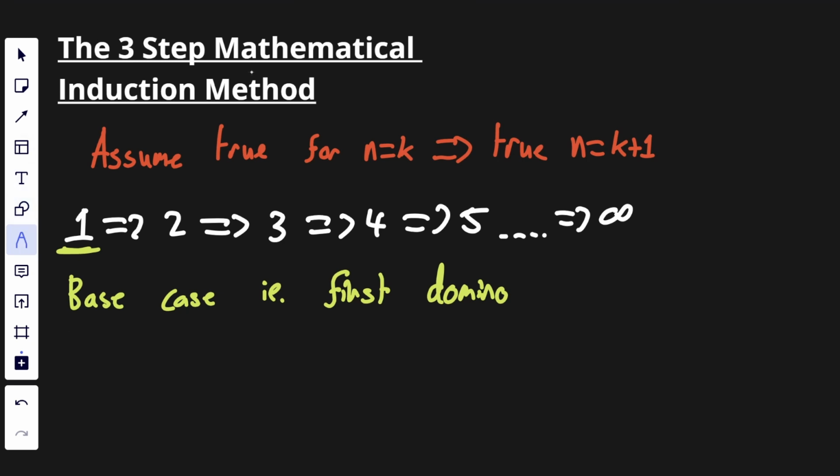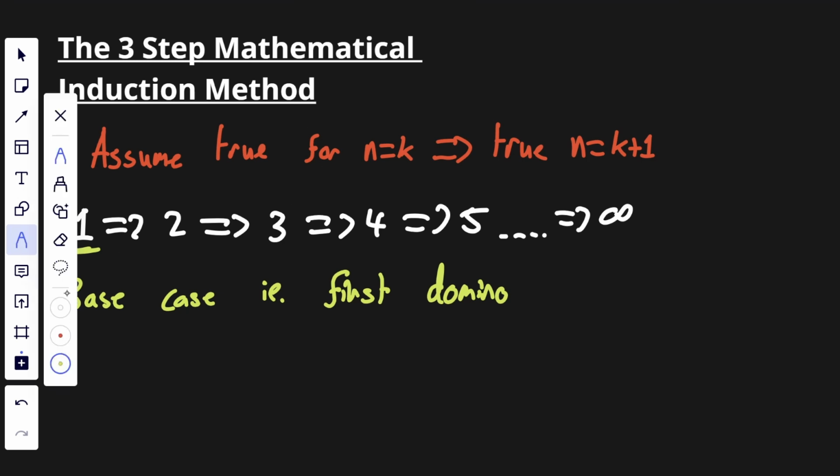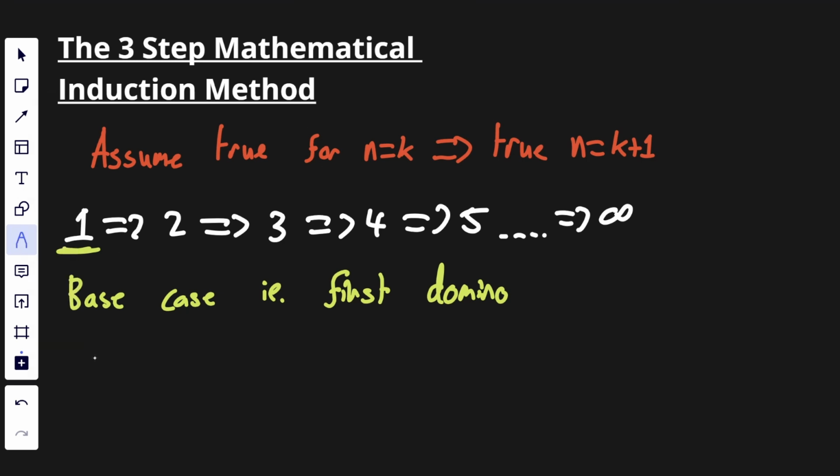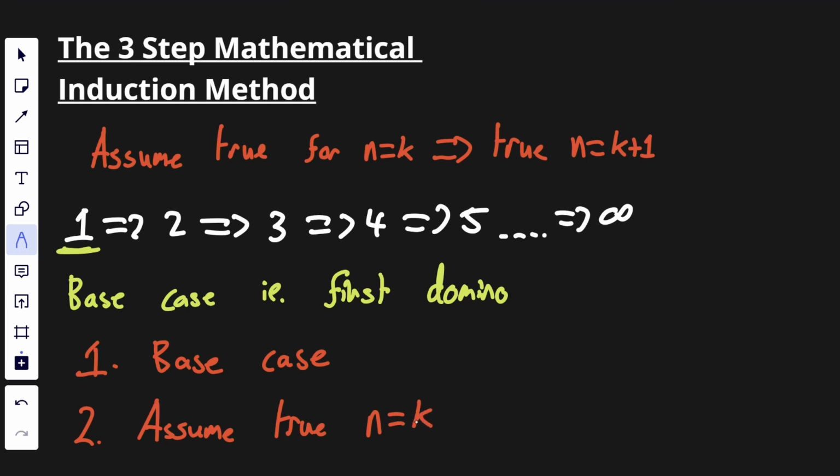Now, I said there's a 3-step process. What is this going to be? Well, first, we're going to do the base case. Now, for examinations, base case is the easiest. It's 3 marks. Not 3 as in the number, but 3 as in very easy to get. We're going to be subbing in, say, n equals 1 or n equals 2, and just showing it works for that case. Our second step is we're going to assume that it's true for n equals k.